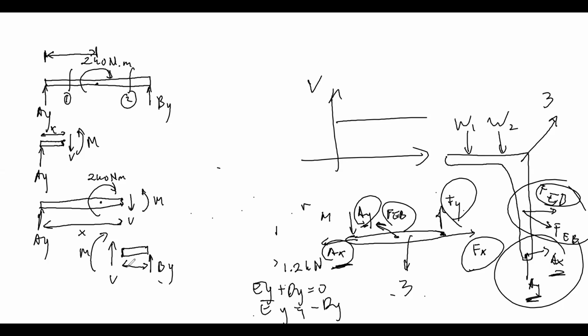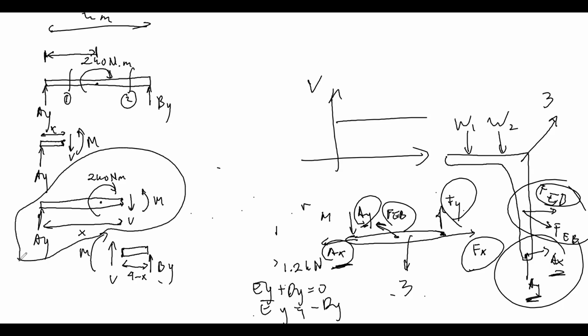Yeah, if the whole length is 4 meters, this one is supposed to be 4 minus x. Yes, it's correct. So you can either use this one for the second cut, or you can use this one for the second cut. It's up to you. So it's supposed to be good then.